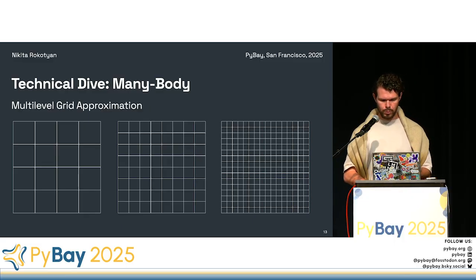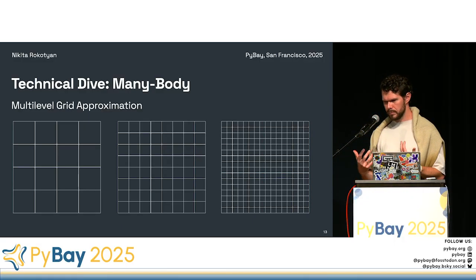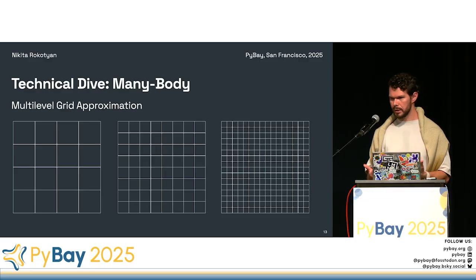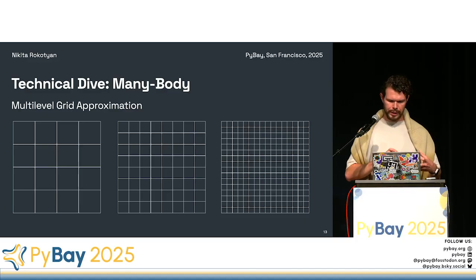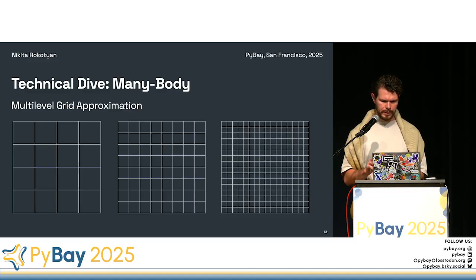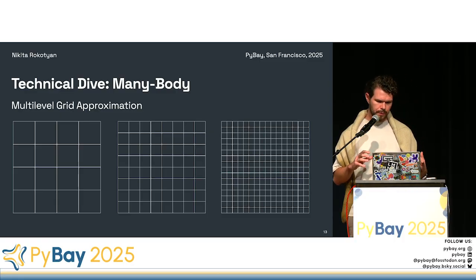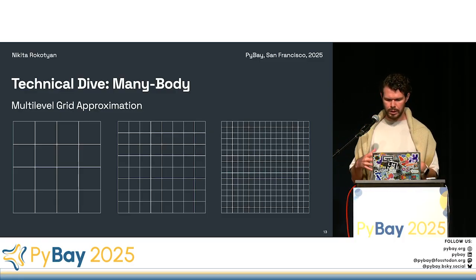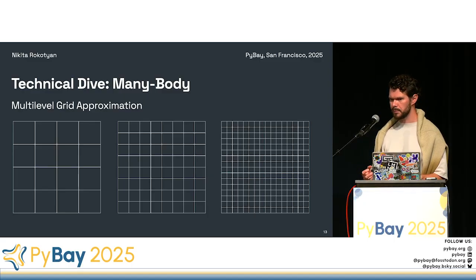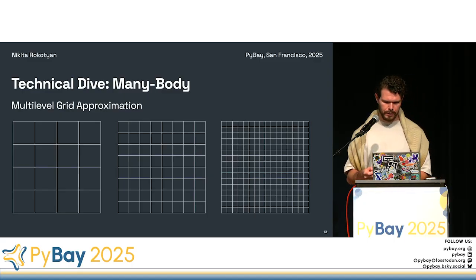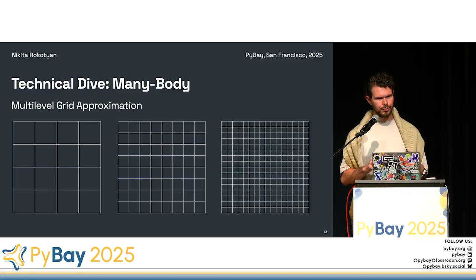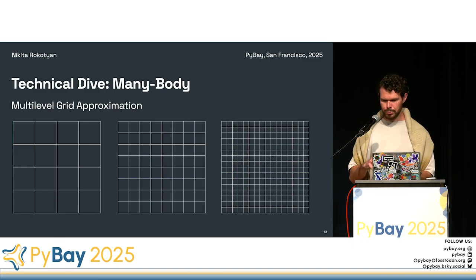But we were able to implement what's called a multi-level grid approximation, with the idea that short-range interactions are computed directly between nearby particles on the grid, but long-range interactions are approximated collectively using coarser grids where fine spatial detail is not necessary. So it's like replacing a bunch of remote points with a single larger point.